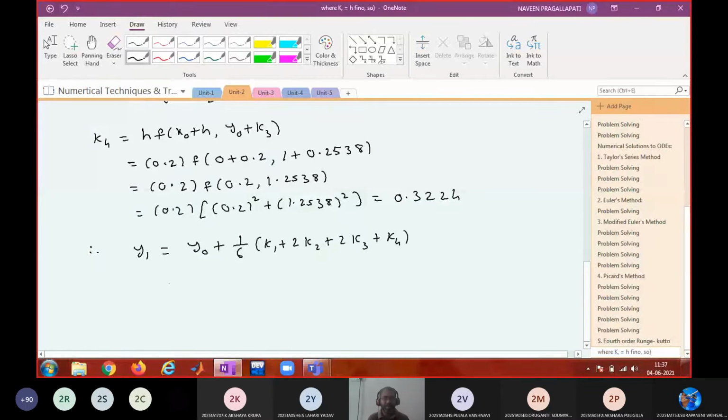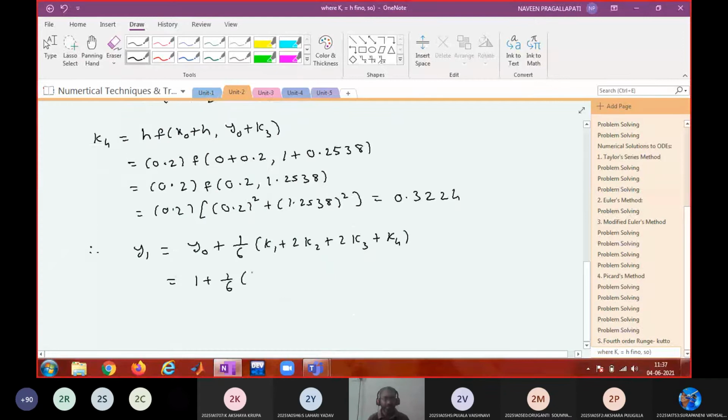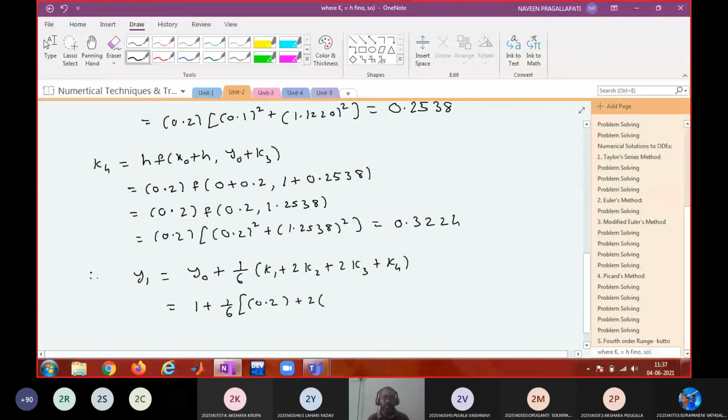Substitute these values and simplify: 1 plus 1 by 6 times k1 is 0.2, plus 2 times 0.244, plus 2 times 0.2538, plus k4 is 0.3224.